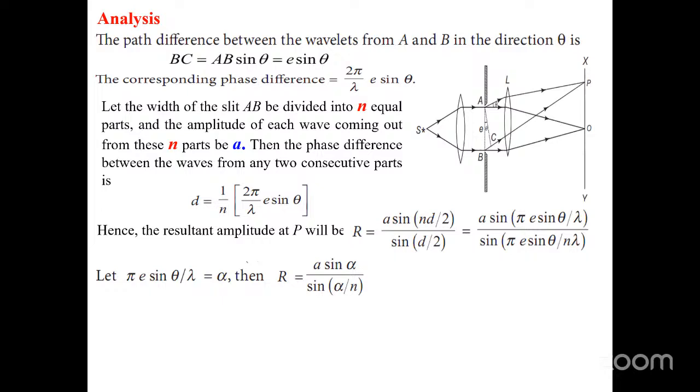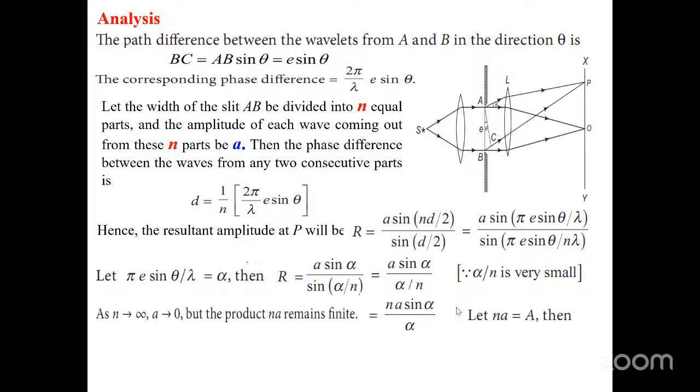So we find the path difference from the figure, substitute, and derive the equation. Our aim is to calculate the intensity of diffracted light at a point P on the screen due to a single slit, double slit, or n number of slits. N number of slits corresponds to the grating element.